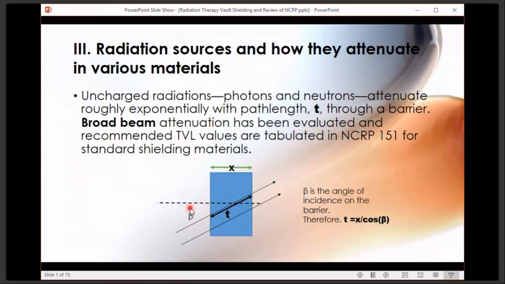At an angle of incidence beta, we then have a simple relationship that the path length is equal to the barrier thickness divided by the cosine of beta. So in inverting our B values to get thicknesses, if we're at an angle of incidence other than 0, we're determining the path length, and then we in turn get the thickness from knowing the angle of incidence.